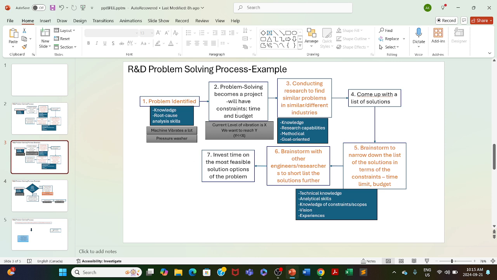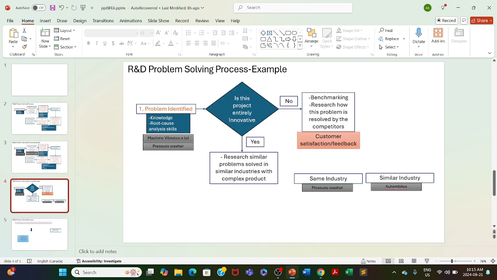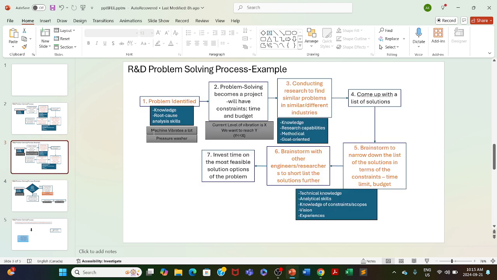So problem identification actually overlaps with the next step, which is conducting research to find similar problems. When we identify a problem, we directly jump to the step where we conduct research to find similar problems in similar or different industries.